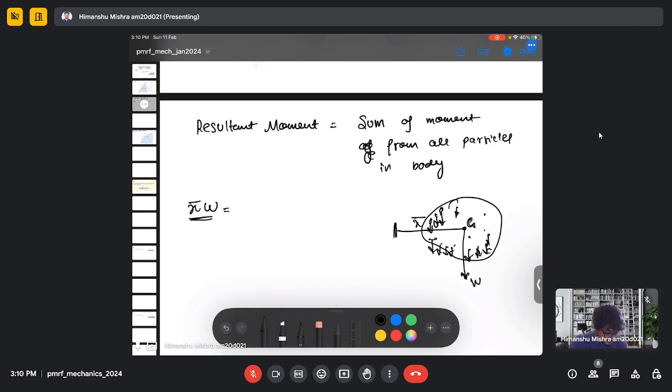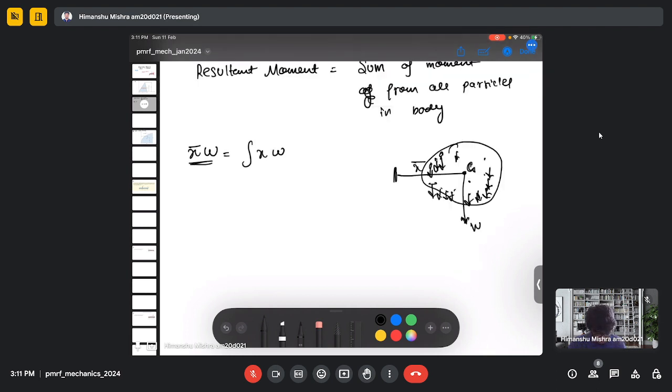These are very small elemental particles, and therefore each particle will create a moment, and the resultant moment will be equal to the summation of all these moments, which can be written as x dW, and we have to integrate it. So the location of the center of gravity will be x bar equals integral of x dW divided by W.